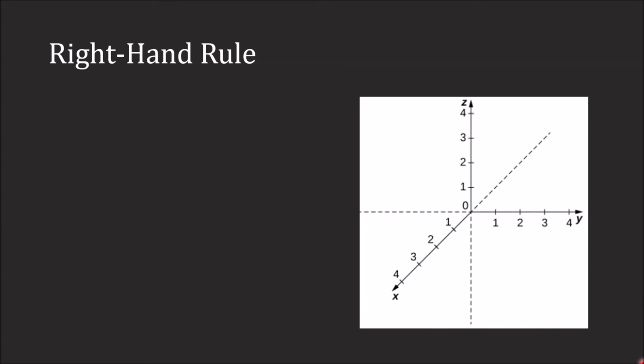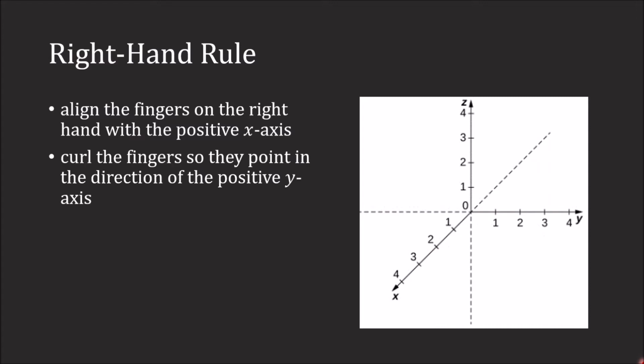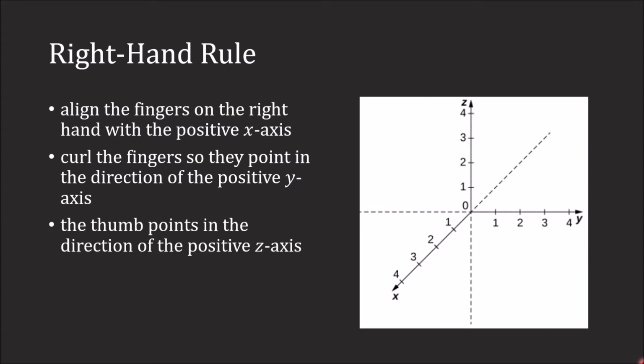So the right-hand rule: you need to align the fingers on the right hand with the positive x-axis. Curl the fingers so they point in the direction of the positive y-axis. And then your thumb points in the direction of the positive z-axis.